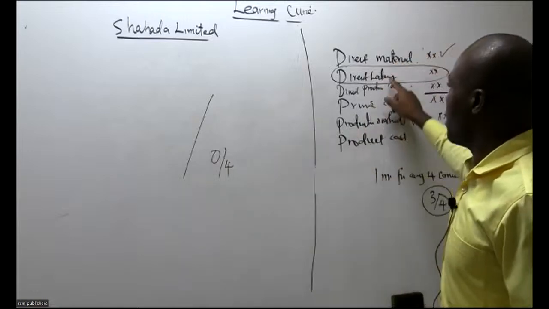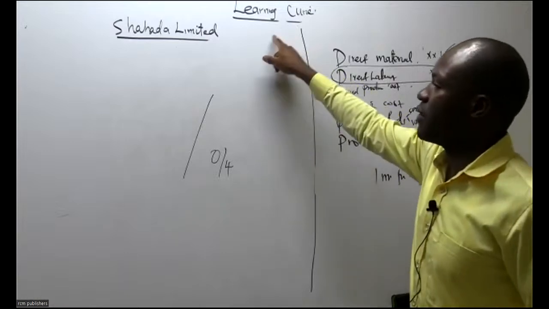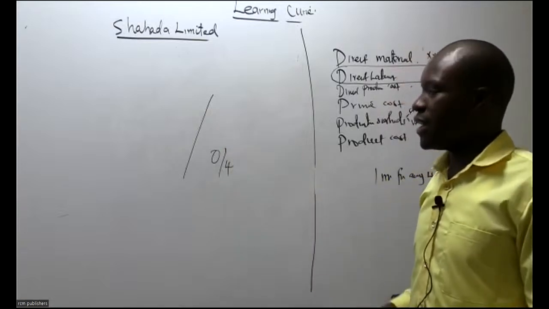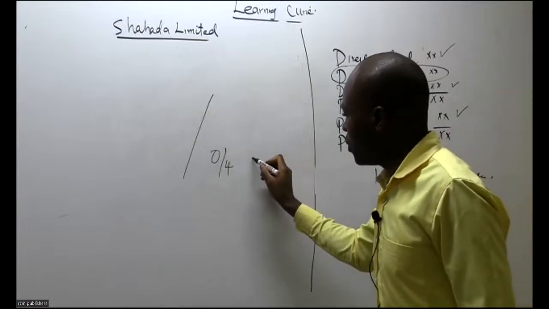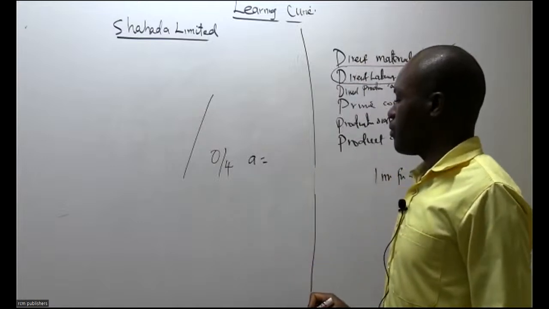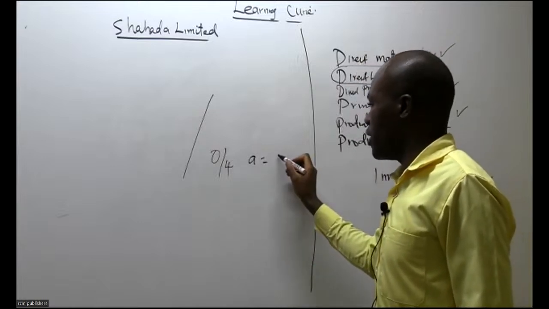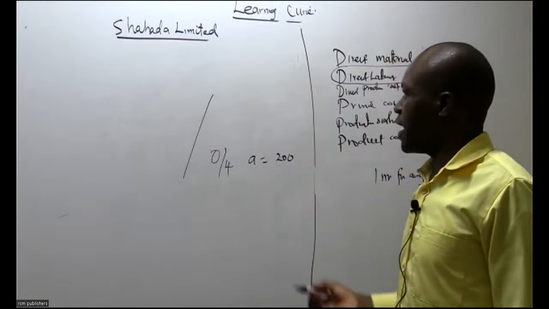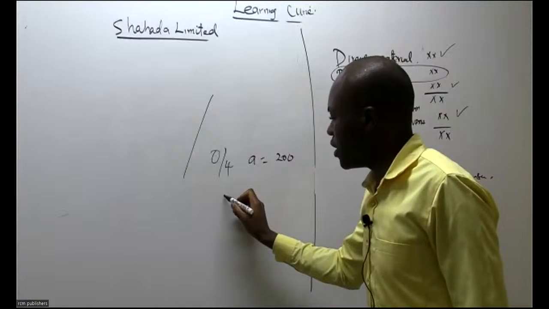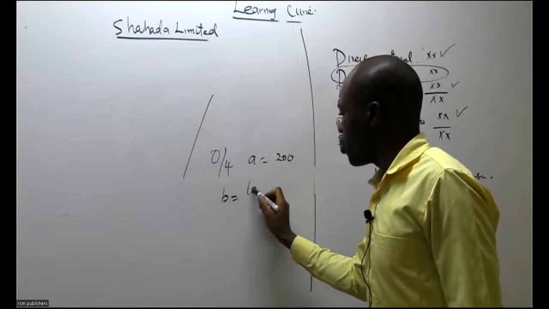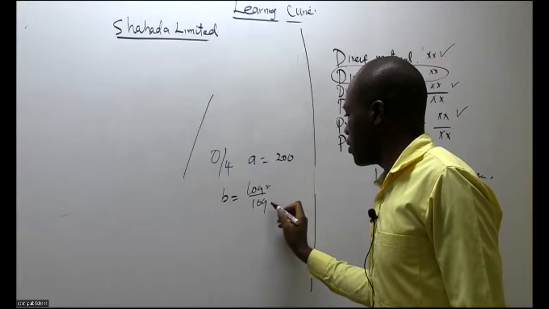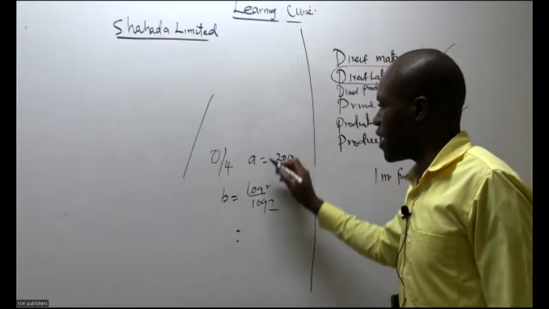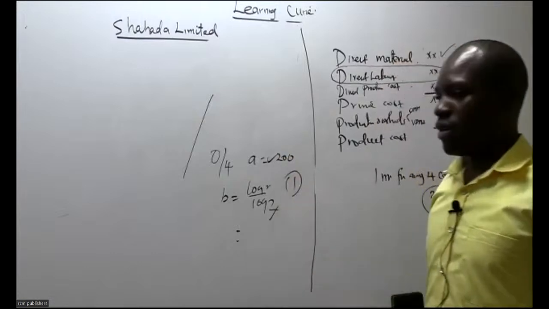If you don't understand anything about this and you know it is about learning curve, can you write the formula, give us even the value of A? Tell us that according to this, I know A is equal to maybe 200. Give us now that because I know how to get B equal to log R divided by log 2, calculate it and get the value of B. By just doing that, you'll have 1 mark.